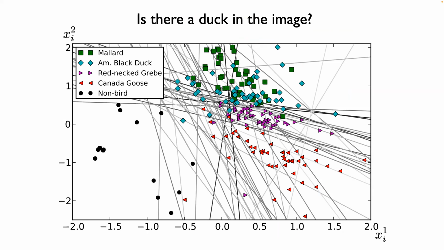Some annotators are able to separate out the two types of ducks from everything else. So then some annotators put the grebes together with the ducks, and some annotators, big one, put in the geese, the grebes together with the ducks.